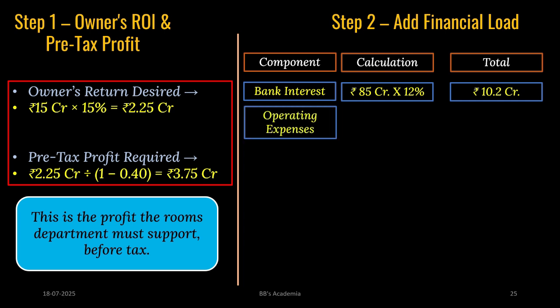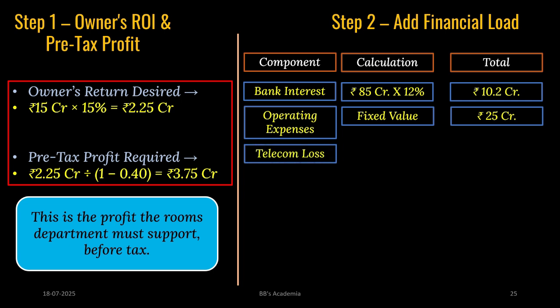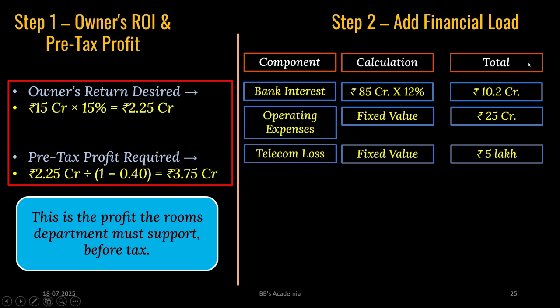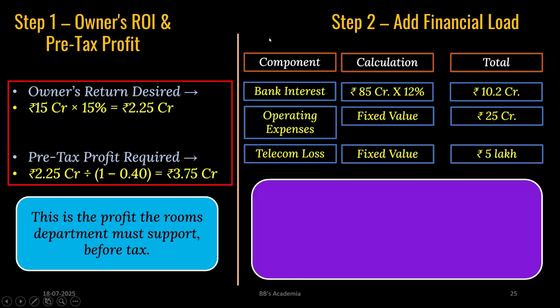Operating expenses, if you remember the scenario, it is a fixed value given, 25 crores, and we had a loss on telecom. Telecom loss is also considered a fixed value, 5 lakhs of rupees. So you have to earn all of these, which is basically your cost. So for the subtotal of the direct cost, what are the things to be included here? This pre-tax profit that is to be earned, plus this, and plus this.